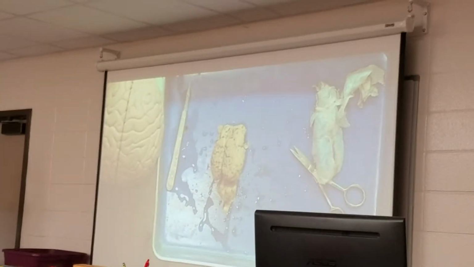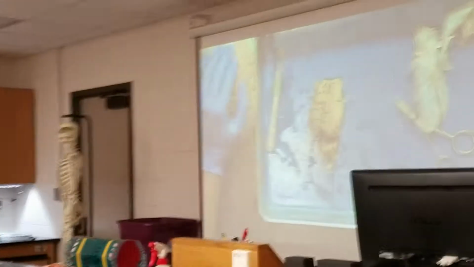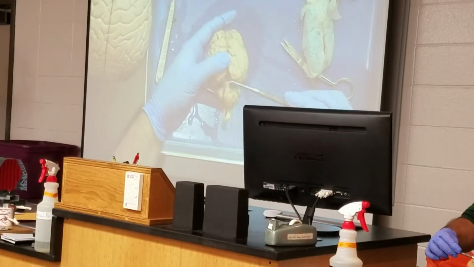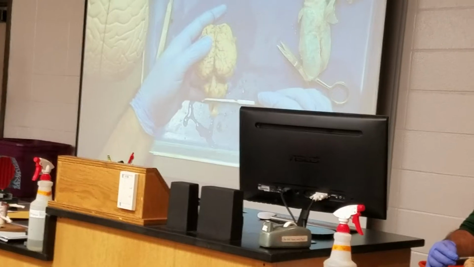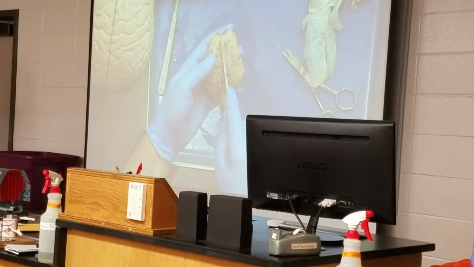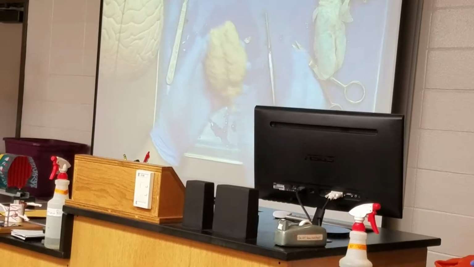So guaranteed, those will be asked on the actual human model and not on the sheep brain. However, you can see the transverse fissure that separates between the cerebrum and the cerebellum. And you can also see the longitudinal fissure, which is basically separating these cerebral hemispheres.